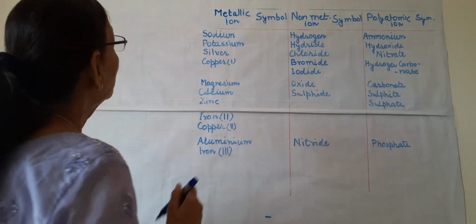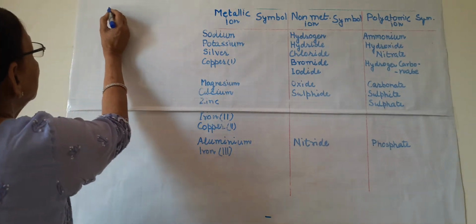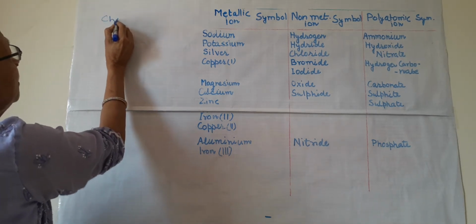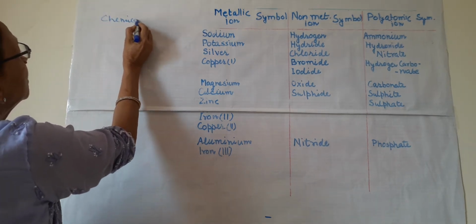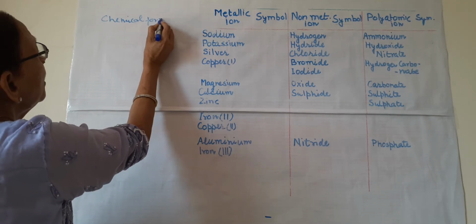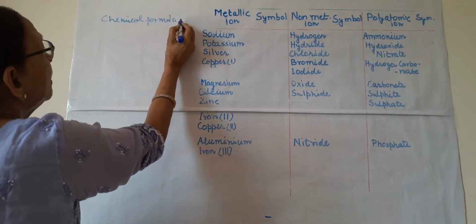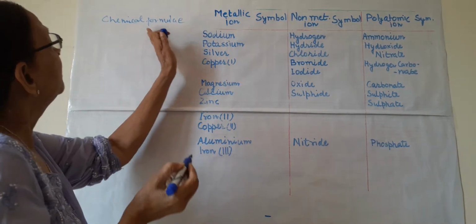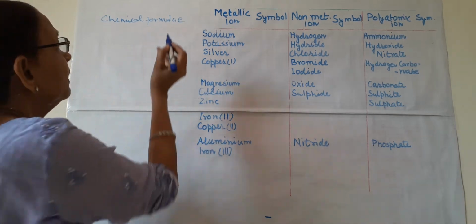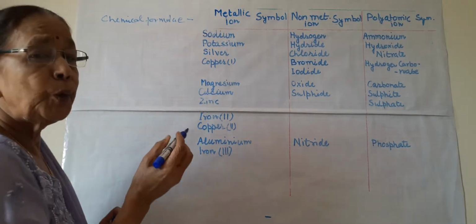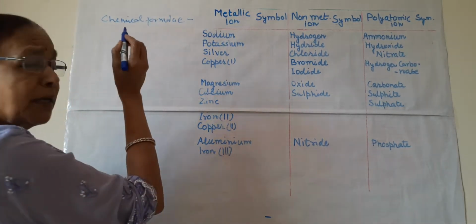The chemical formula, if we write the definition of chemical formula, is plural, and if E is added, it is chemical formulae, it is plural. So, what is chemical formulae?